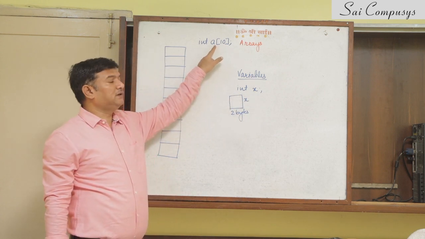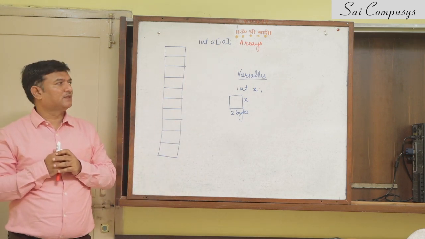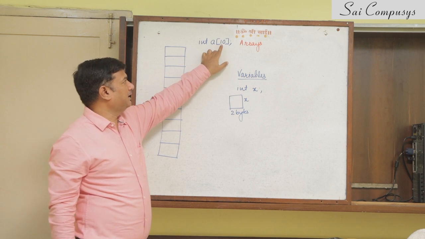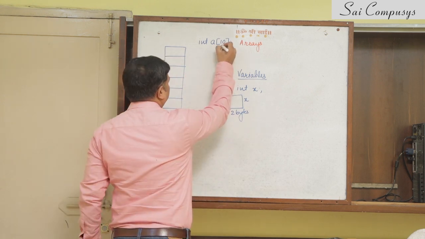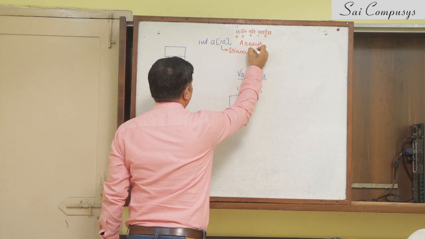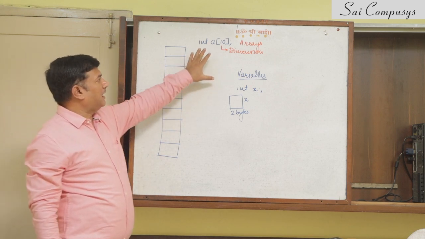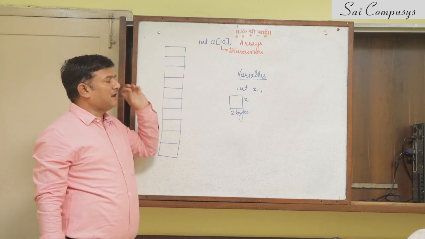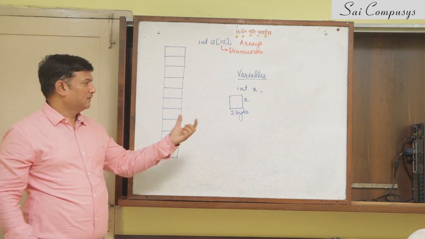This large variable can hold multiple values at a time. I have written 10 in this case. This 10 stands for the dimension of the array. I have created a large variable. This large variable can hold 10 values at a time.